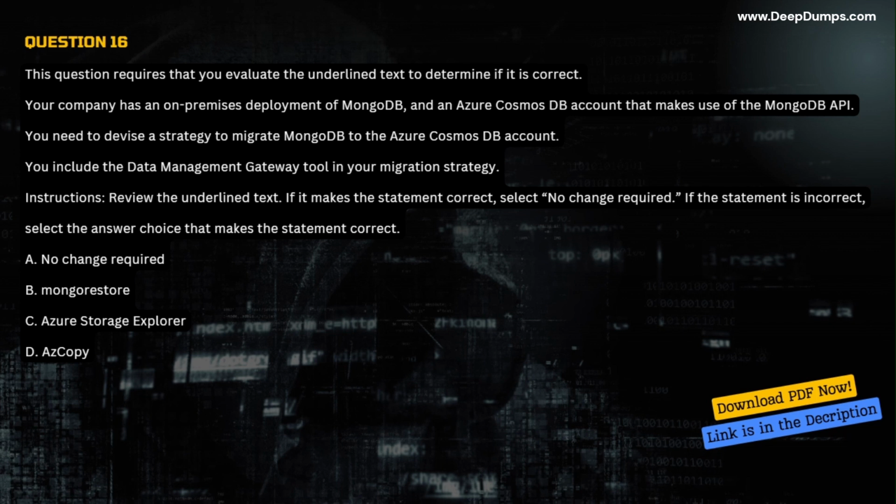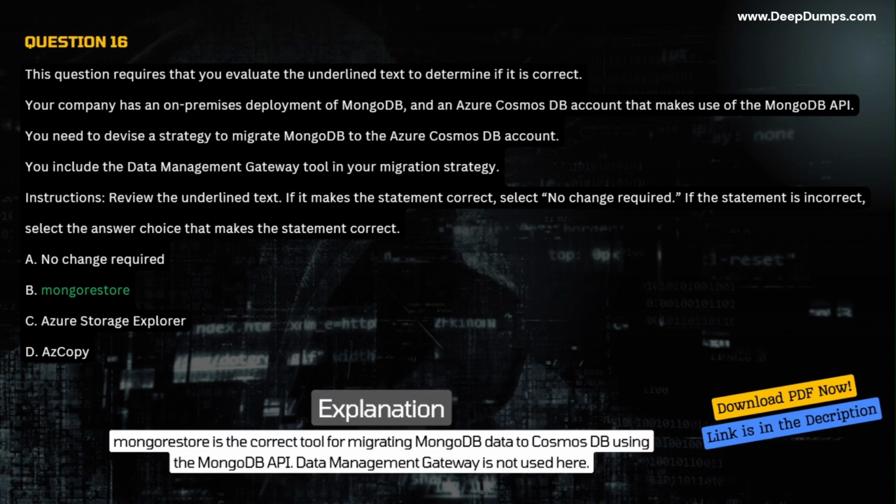If the statement is incorrect, select the answer choice that makes the statement correct. A. No change required. B. MongoStore. C. Azure Storage Explorer. D. AzCopy. Correct answer B. MongoStore. Explanation: MongoStore is the correct tool for migrating MongoDB data to Cosmos DB using the MongoDB API. Data Management Gateway is not used here.